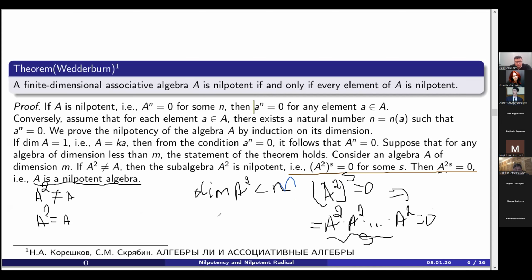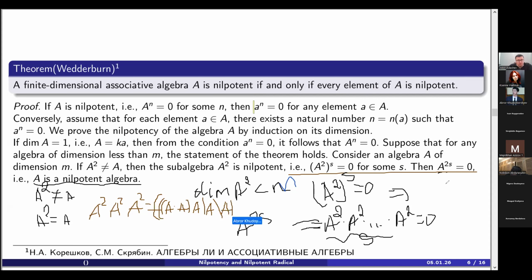Using associativity, for example A cubed, you will use the associativity and obtain A times A and so on, 6 times.